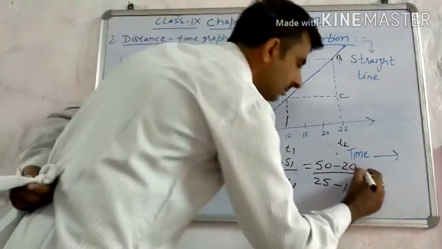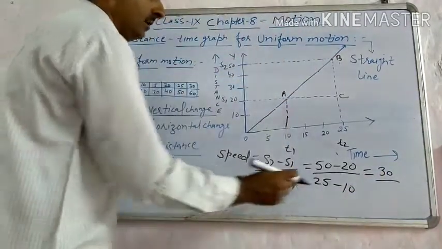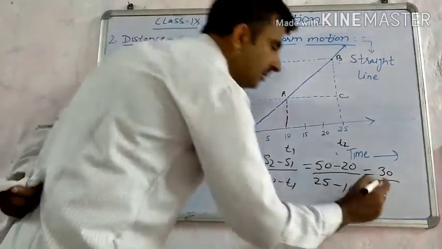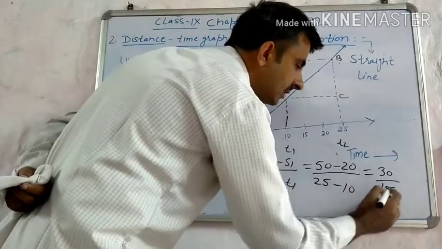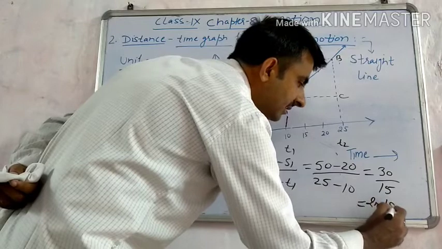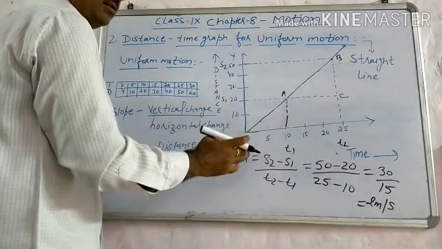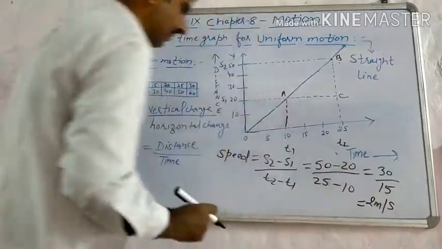It comes 30 divided by 25 minus 10, which is 15. That comes as 2 meter per second. So here also the speed is 2 meter per second.